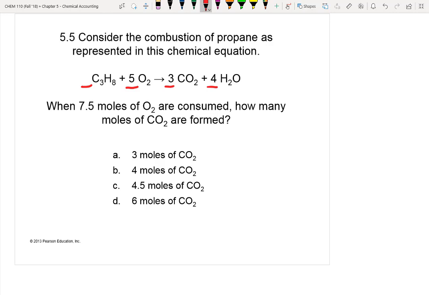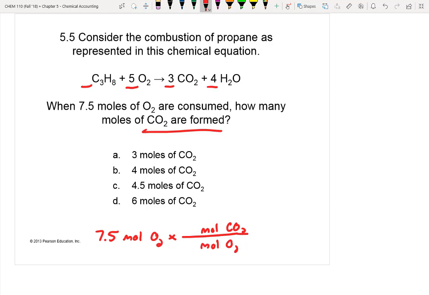Anybody need more time on this one? All right, so let's try this. We've got 7.5 moles of oxygen. We want to cancel out moles of oxygen, so I'll put that on bottom. And instead, we're trying to figure out moles of CO2 formed. So we'll put moles of CO2 on the top. What's the ratio of CO2 to oxygen in this reaction?